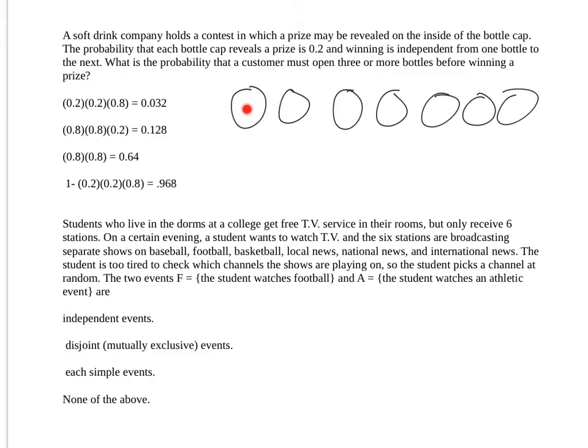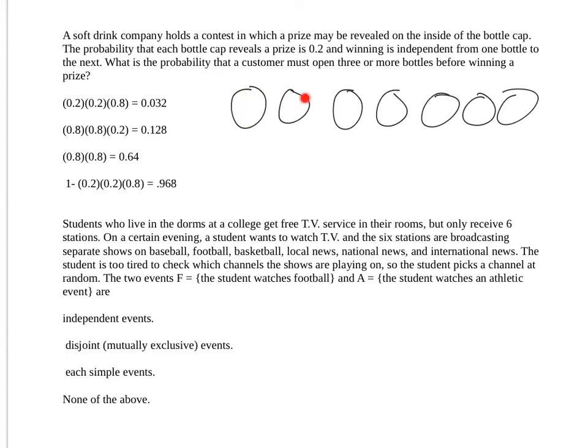If they turn over the first one, there's no prize, and they turn over the second one, there is a prize, then again, they're not opening at least 3 or more, right? But in order for you to have to open 3 or more before winning a prize, this one has to be a non-winner, and this one has to be a non-winner. Note that it says 3 or more, so it doesn't say anything about these over here.